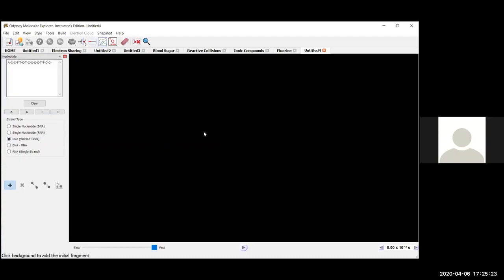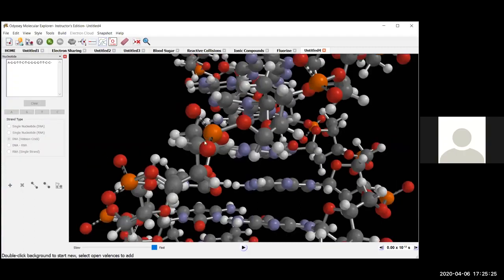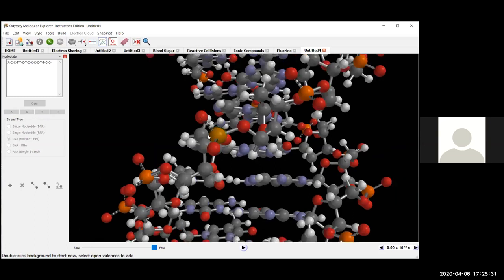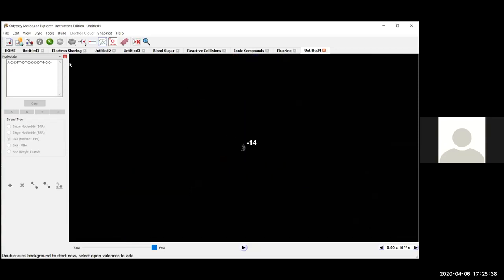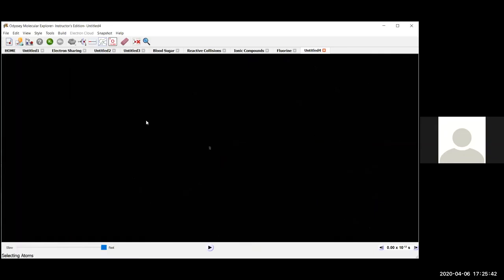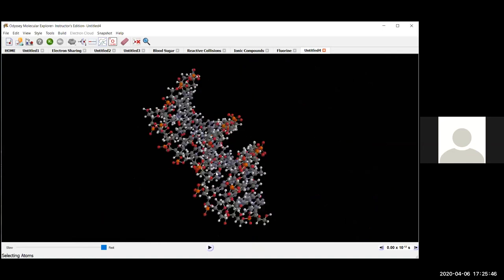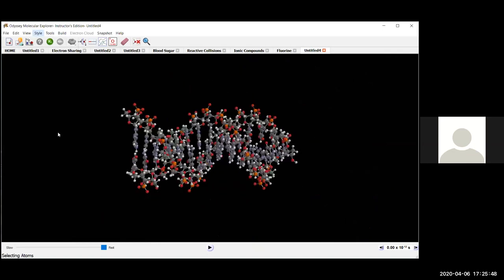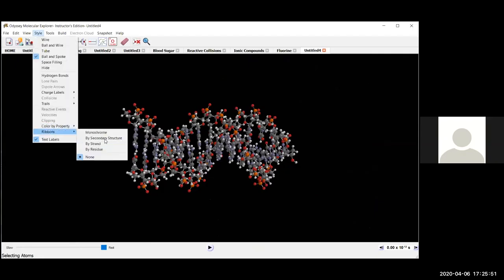So if I click on the background, here's my model, and it's hung up. Oops. And I can do the same game here with the ribbons and by secondary structure.